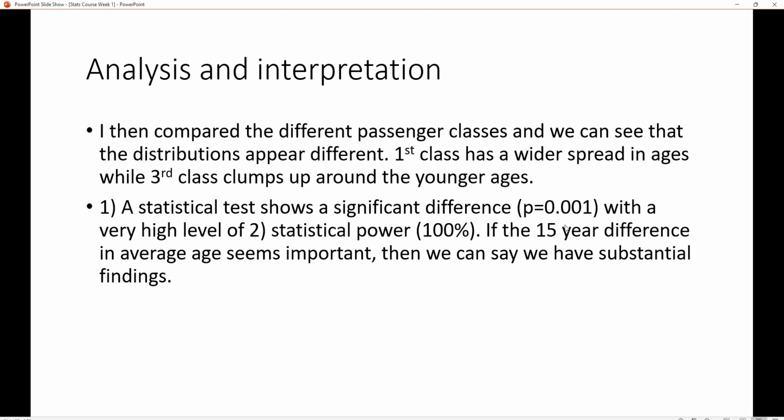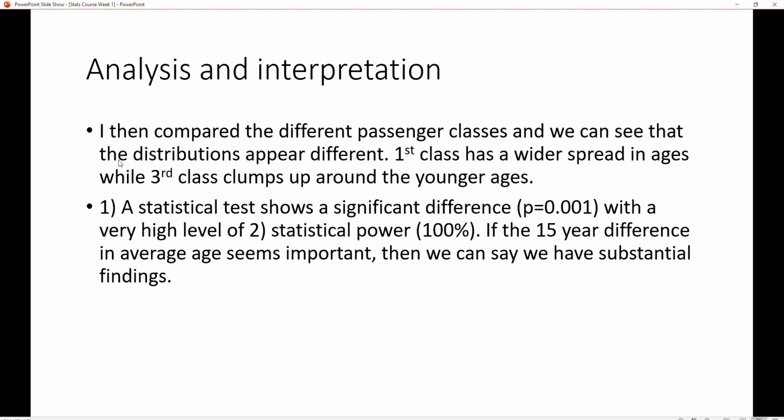We see a significant difference with a very high level of statistical power, about 100%. So if the Titanic hadn't wrecked and there were decades and decades of service, we'd expect within a similar time period that we would see those significantly different age differences over time. If the 15-year difference in average age seems important, then we can say that we have substantial findings.